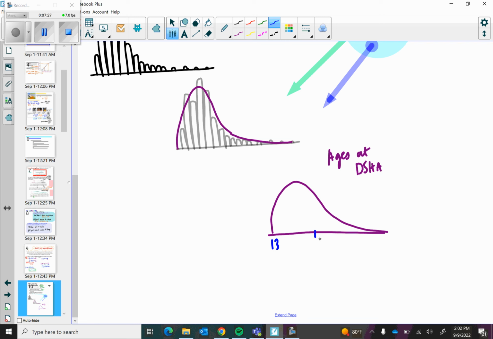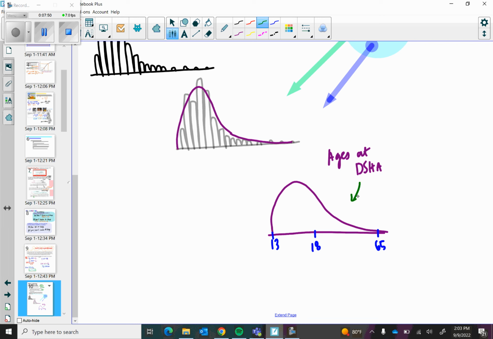So the majority of our students are 13 to 18. And then, of course, we have some faculty members who are in this general range from 18 to maybe, let's say, all the way over here, 65 would be retirement age. Now, I'm not saying that there's a teacher that is 65 here. I don't know. But this distribution shows the ages at DSHA.